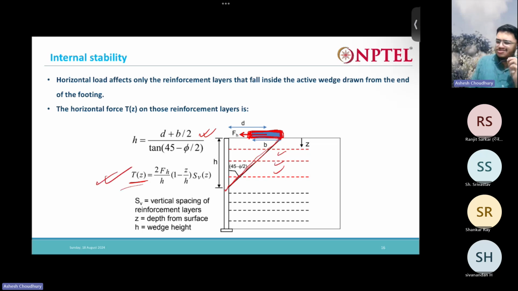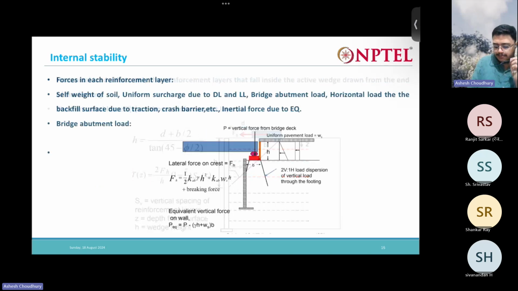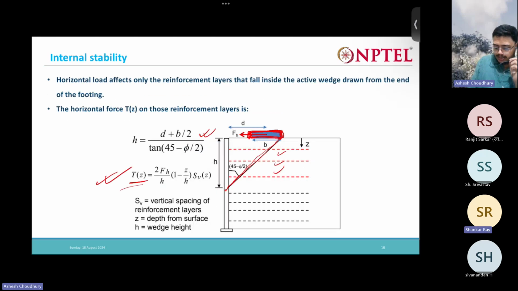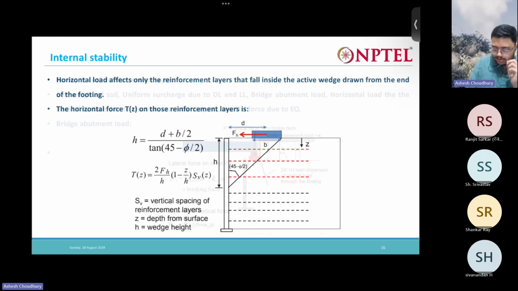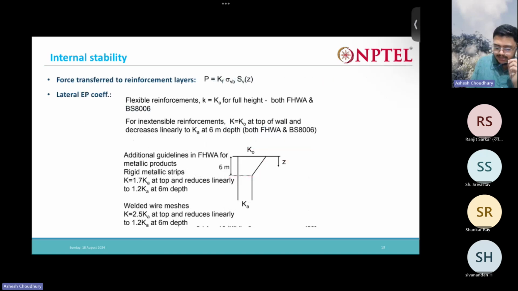So just loosely we are discussing what loads may be there. One is the bridge abutment load we saw. Then for this bridge abutment load, only this force, how we are going to transfer, we saw here. Next, let us see the force transfer to the reinforced layer, which is nothing but Kf.